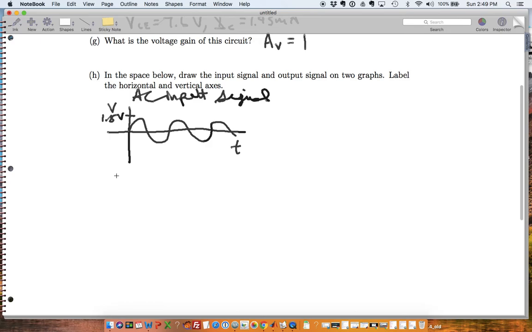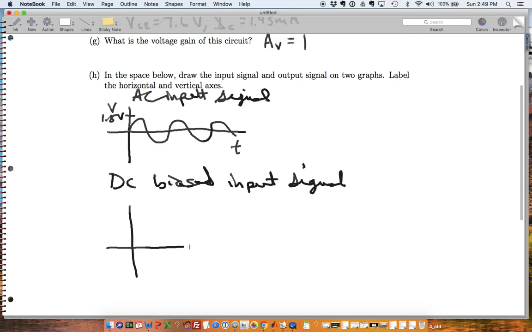So what about our DC offset, or DC biased input signal? It looks like this. This is going to be 8.1 volts.